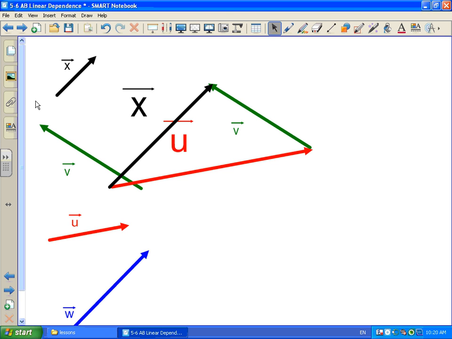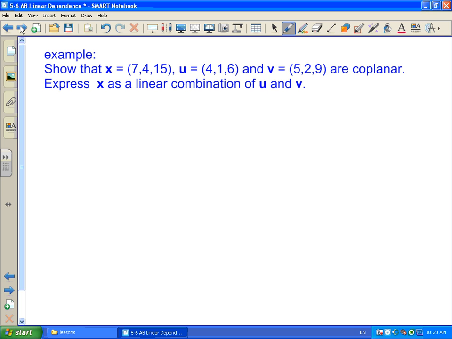So what kind of questions are you likely to encounter where you've got to apply this knowledge? Here's a typical question. You're given three vectors, x, u, and v. x is (7, 4, 15), u is (4, 1, 16), and v is (5, 2, 9).